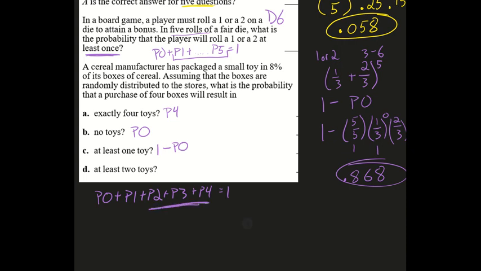So you can do that as probability of 2 plus probability of 3 plus probability of 4, or you could do 1 minus the probability of 0 plus the probability of 1. Either way, I like doing this one because it is more efficient. You're only doing 2, but if figuring out 2, 3, and 4 works best for you, whatever works best for you.